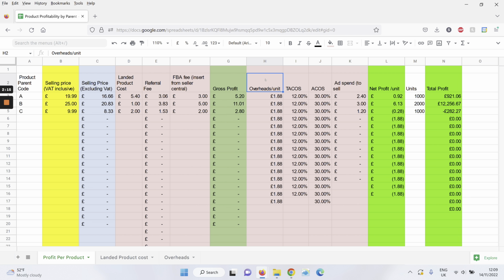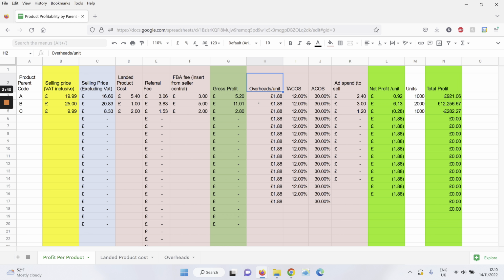I'm going to explain with an example, but first just going through the different columns. Then you have overheads per unit. Even if you're doing FBA 100%, you're still going to have overheads of processing the products and sending them to Amazon, or any storage fee, or gas and electric, or your telephone, internet bills, whatever.